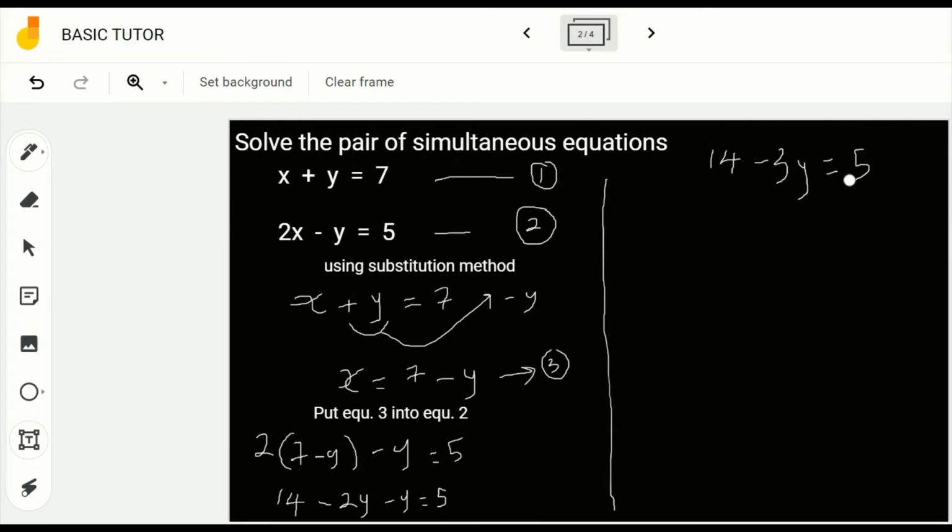What next? I have to make my 3y the subject. So what I do is this: I will subtract 14 from both sides.